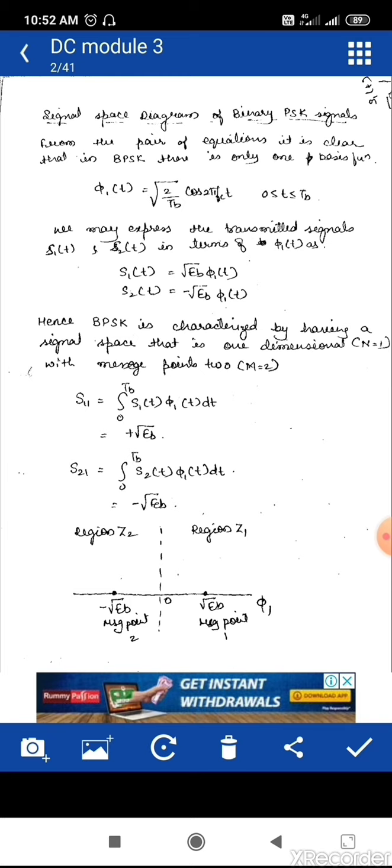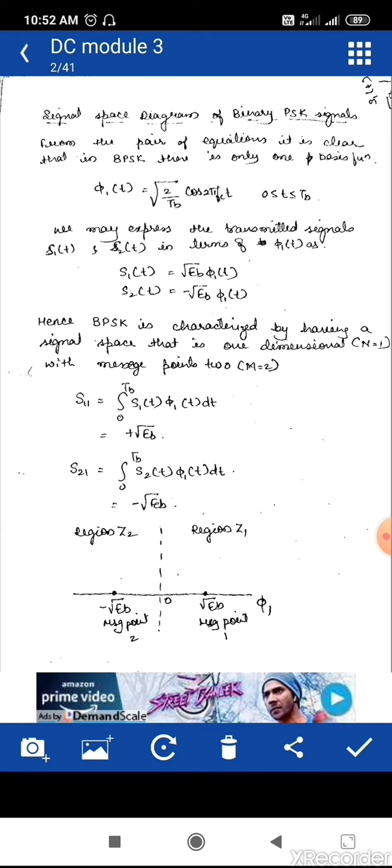Whatever we have drawn with the dotted line is nothing but a decision boundary. There are two regions, region 1 and region 2. As you know that N is equal to 1 means only one basis function, therefore it is one dimensional. Region 1 is related to message point 1, that is root EB, and region 2 is related to message point 2, minus root EB.